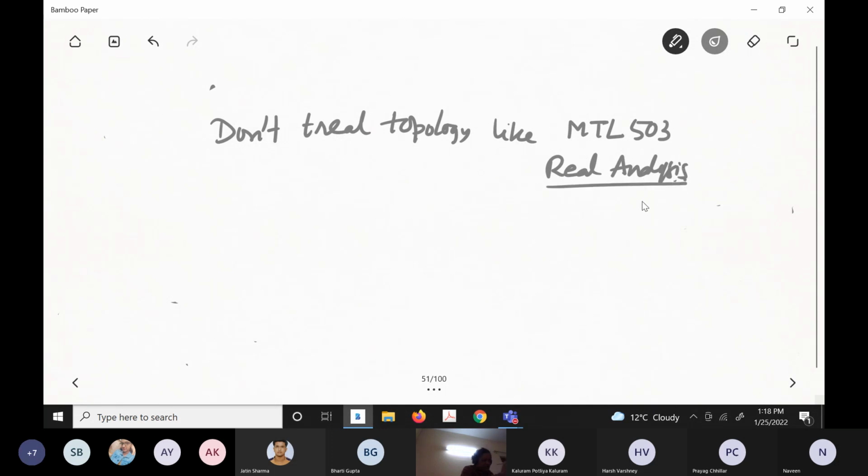But most of the things here do not have connection with the undergraduate subjects. In fact, you can say this is a gateway to advanced mathematics.